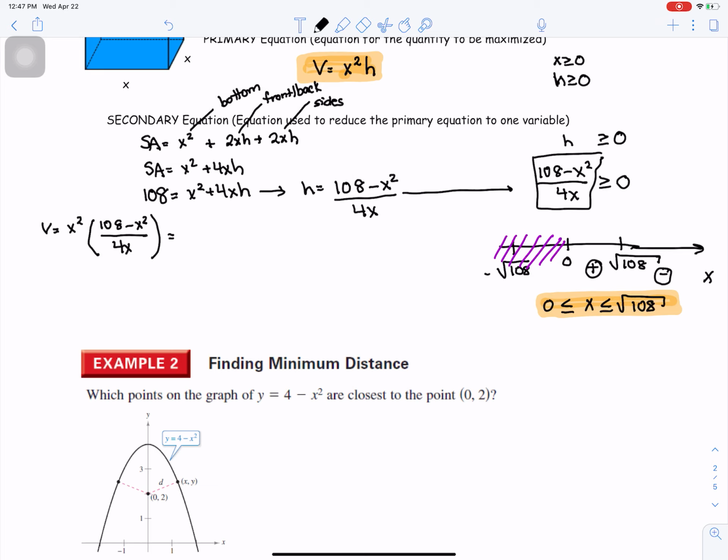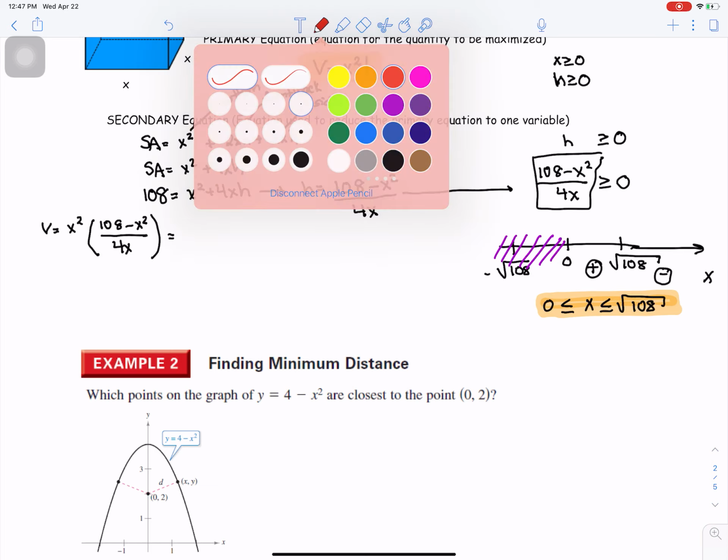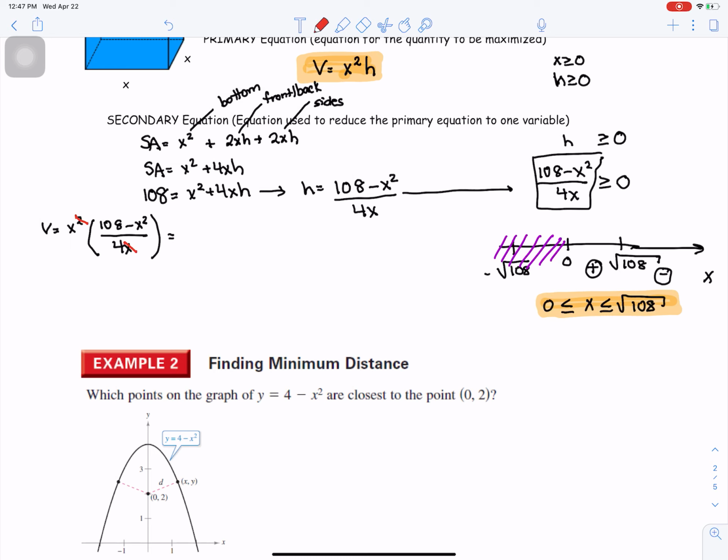I'm going to simplify this volume equation. So I'm going to take out an x out of both the top and bottom and distribute my formula out. So 108 divided by 4 is 27. So this works out to 27x minus x cubed over 4. That's my simplified volume equation.